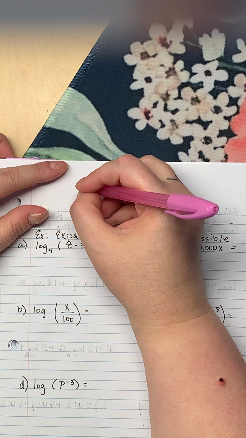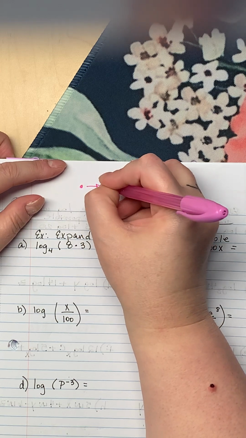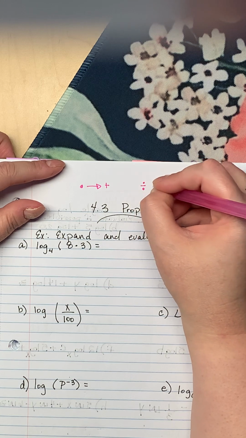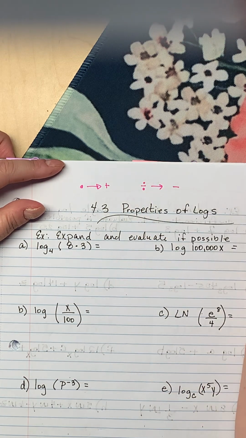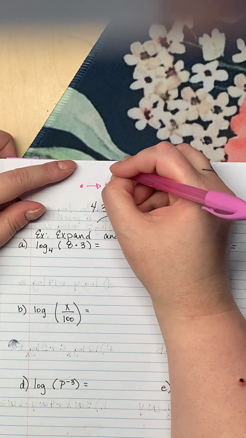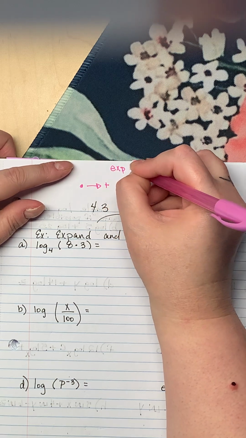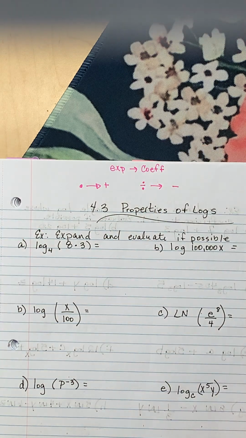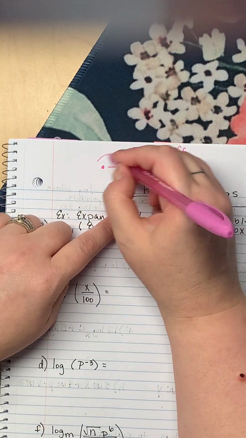If we have a multiply, it goes to a plus. If it has a divide, it goes to a minus. If it has an exponent, it becomes a coefficient in front. Okay, so these are our three basic rules.